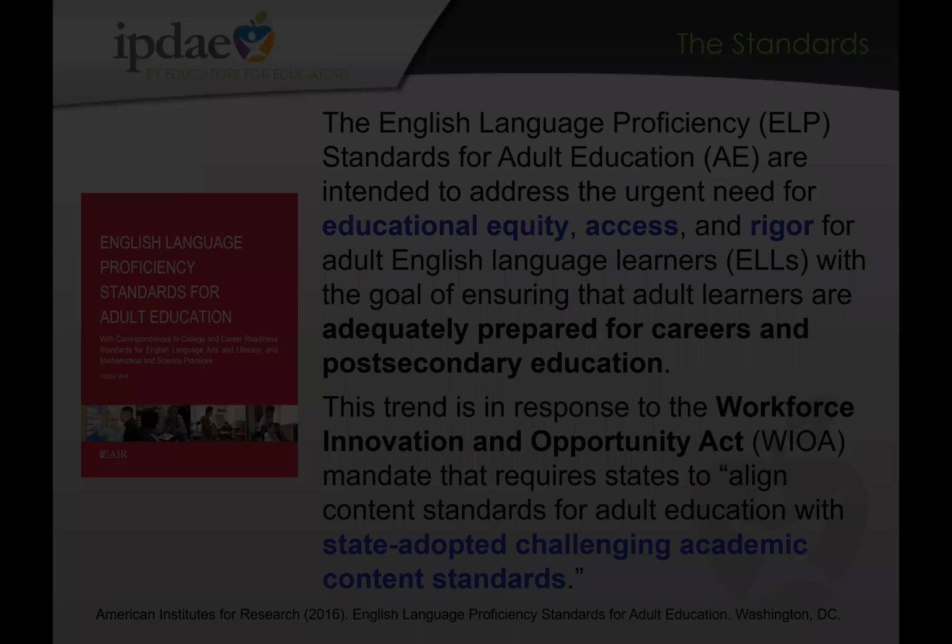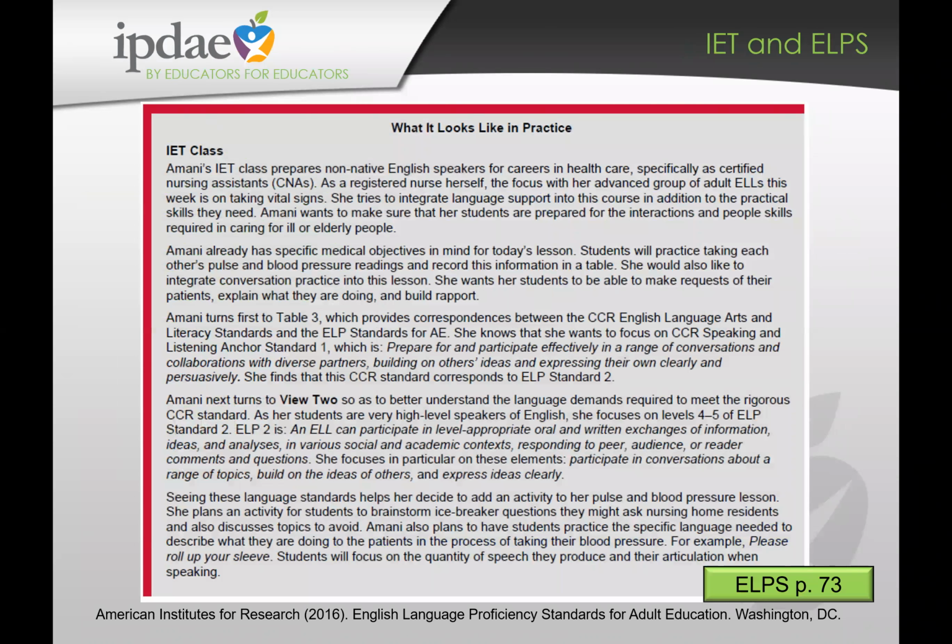So let's look. On page 73 of that report is where you can find what it looks like in practice. We are not going to spend our time reading this. You can read this on your own time. But I'm going to briefly outline the strategy that was highlighted in this section of the book, so that we can walk ourselves through the planning stages of this teacher.